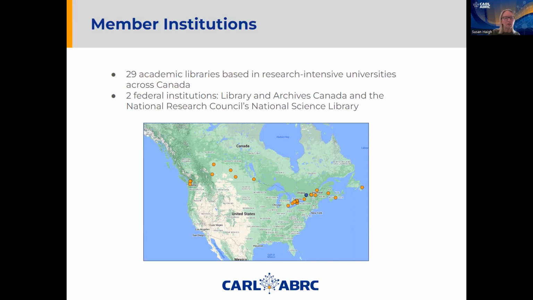We are, as you can see, located in all sorts of cities across the country. Canada's population, of course, is largely within 200 kilometers or so of the American border, mainly because of geographic and climatic realities.